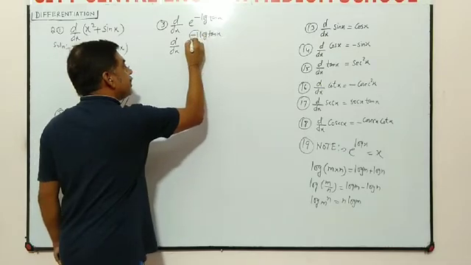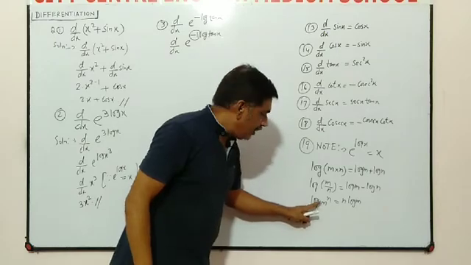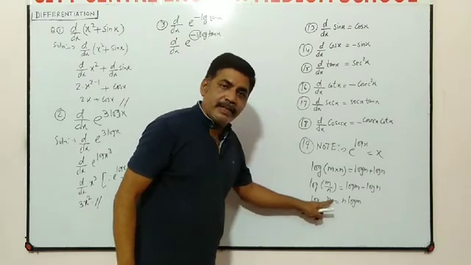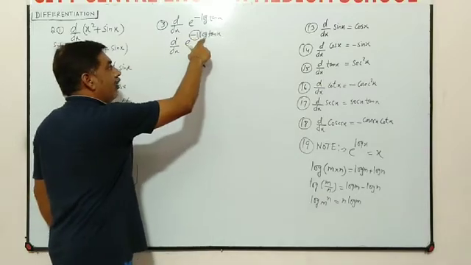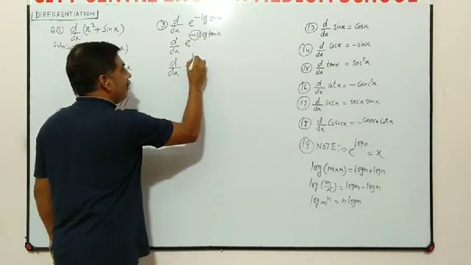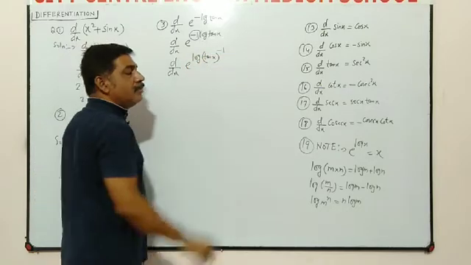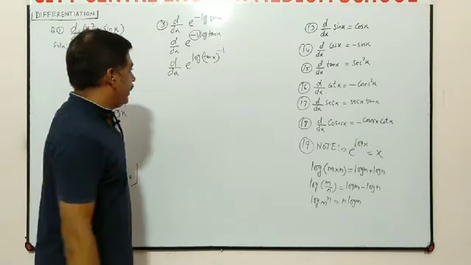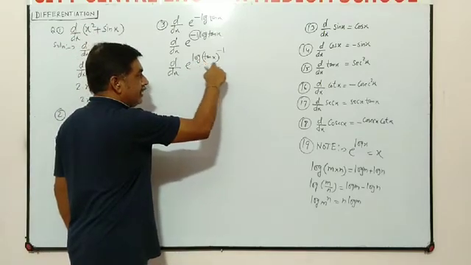Now apply this law: log m raised to n is equal to n log m. So we can write n log m as log 10x raised to minus 1. Clear? So e raised to log x, now this whole is x.